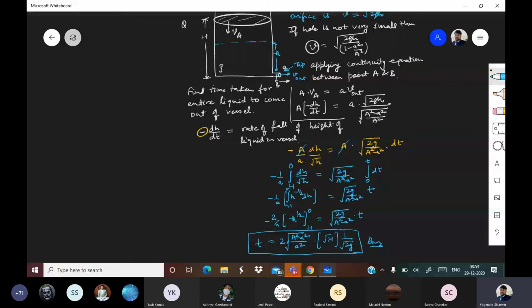If you take it inside the root, it will be a square. If you see, there is something kept below 2, 2 upon a. So that 1 upon a you have taken inside the root. That's why it has become root a square. 1 upon a is equal to 1 upon root a square. Okay.